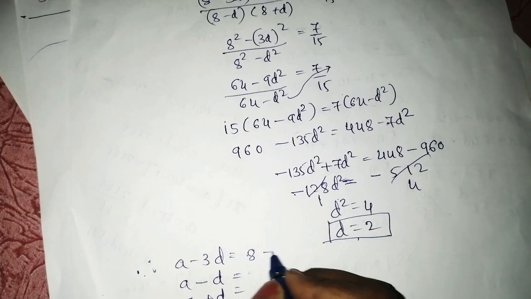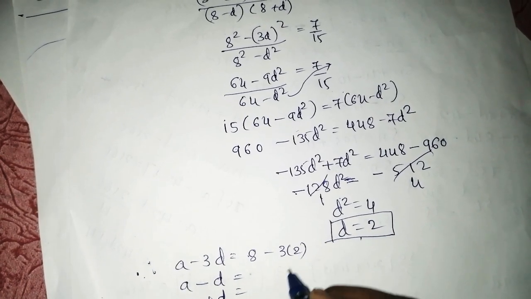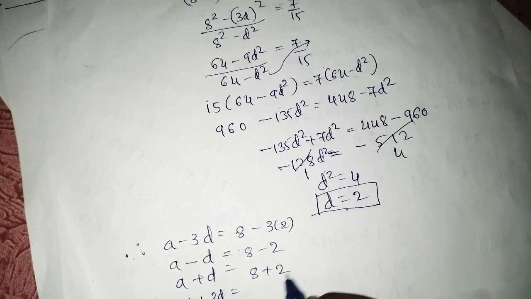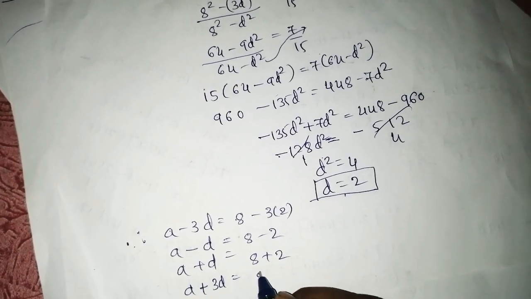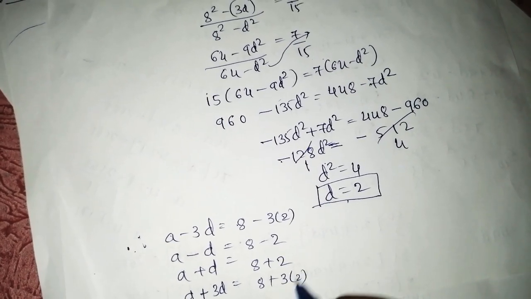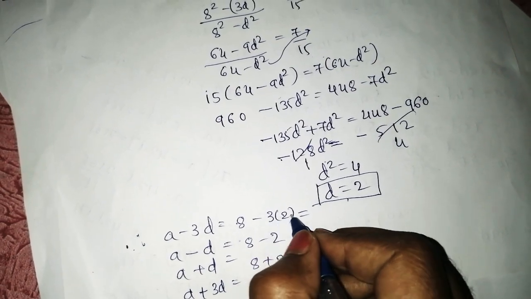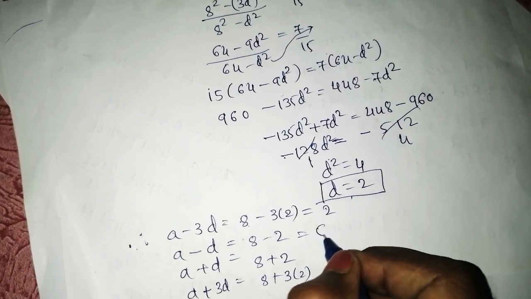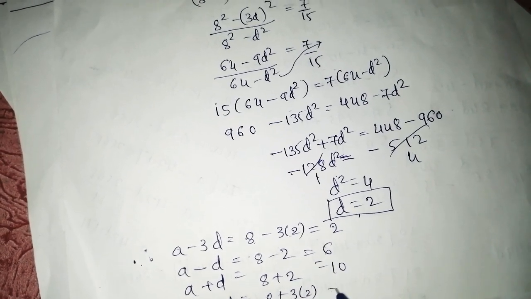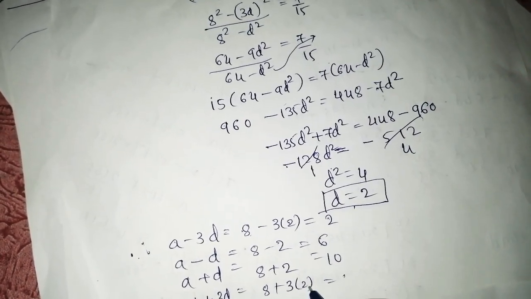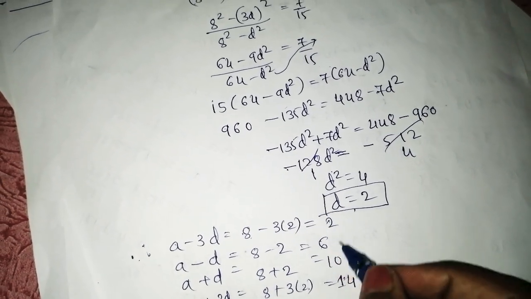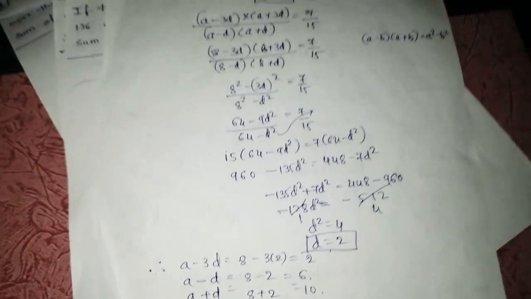A value is 8 minus 3 into bracket d value is 2, 8 minus 2, 8 plus 2, 8 plus 3 into 2. Simplify. 8, 3 twos are 6. So 8 minus 6 is 2. Here 8 minus 2 is 6. 8 plus 2 is 10. And here it is 8, 3 twos are 6. 8 plus 6 is 14.